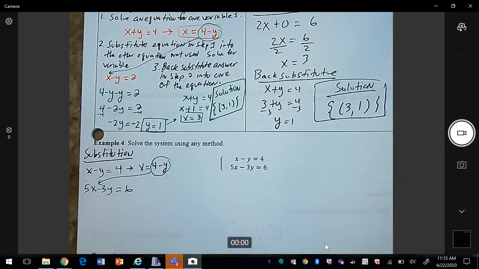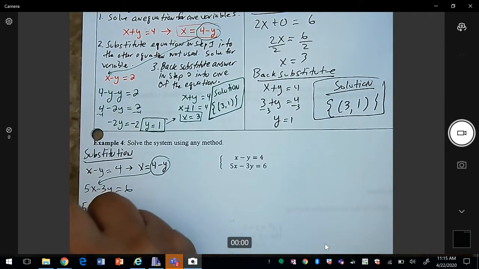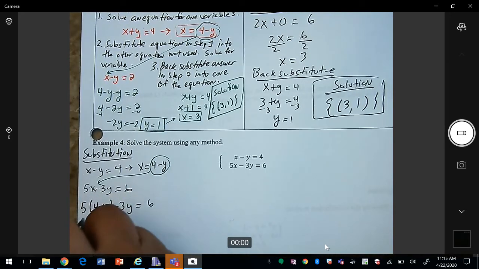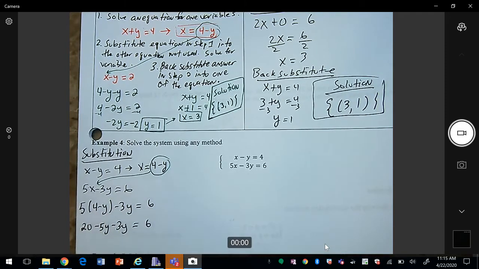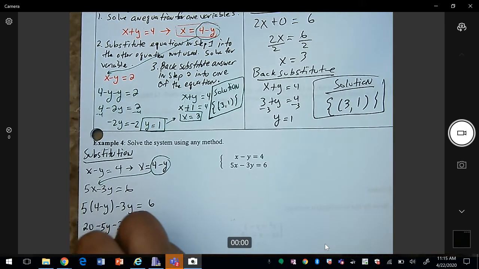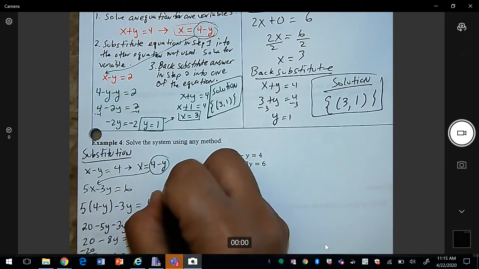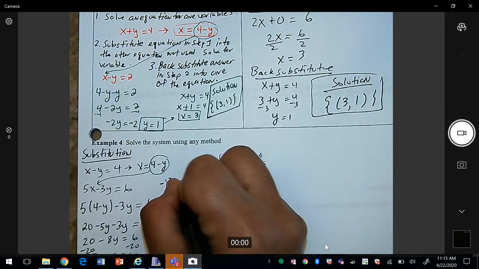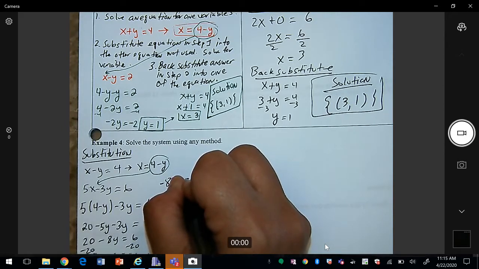So I can substitute that in for x. So I get 5 times 4 is 20. 5 times y is negative 5y. Minus 3y equals 6.